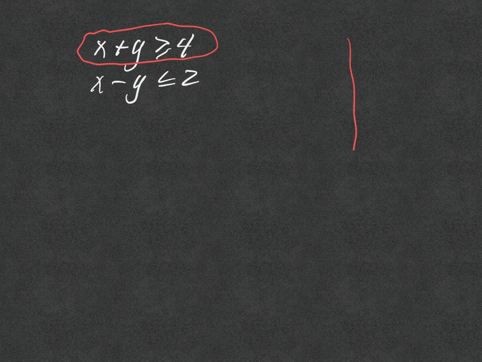So we would take x plus y is greater than or equal to 4, and let me go ahead and make this graph. We would take that and we would graph it.